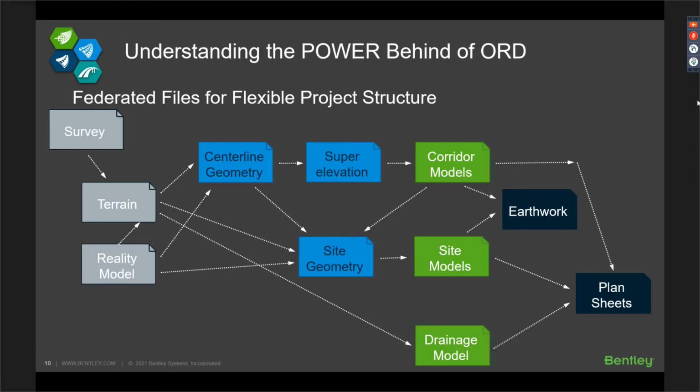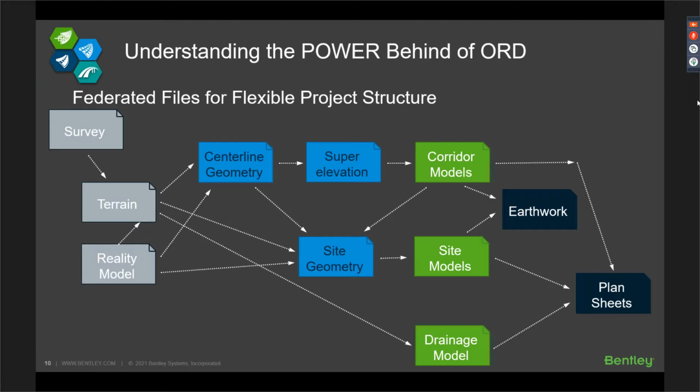So with ORD, the simple approach of file federation addresses all these challenges. It would be great if we have an all DGN format, which makes the collaboration easier, okay? But still, handling such numerous files is tough to manage.